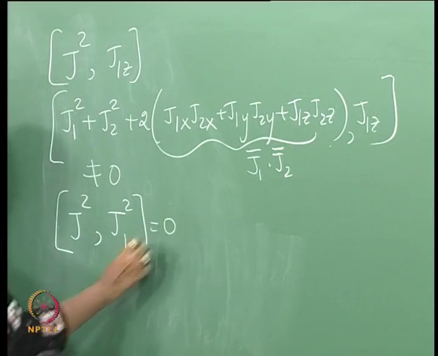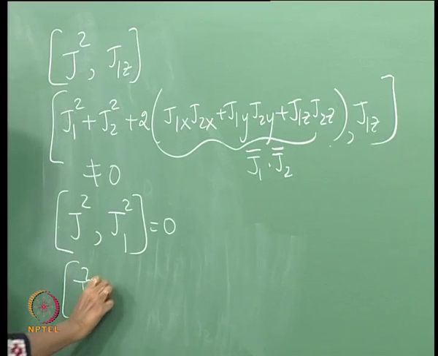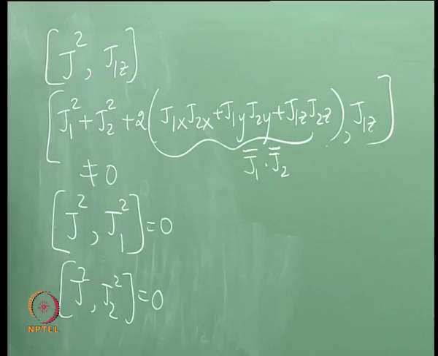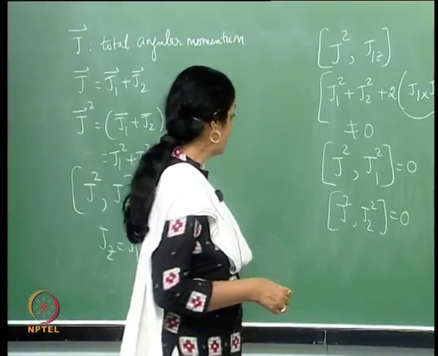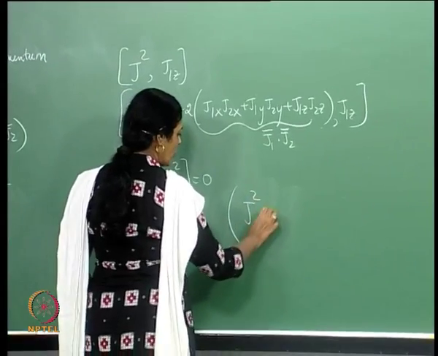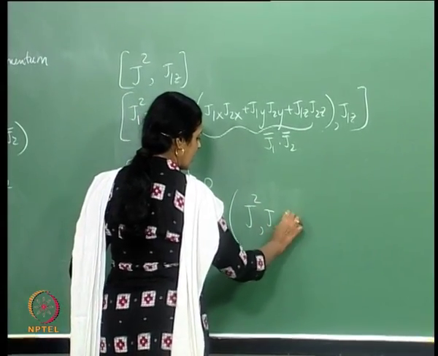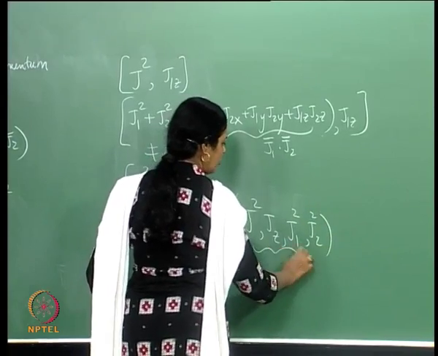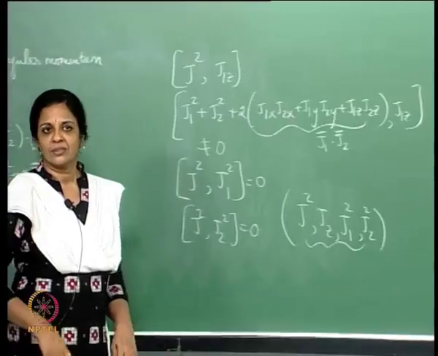Therefore, this is 0. Similarly, j squared with j2 squared is 0. So this is what I have. I have a set of operators j squared, jz, j1 squared, j2 squared, all of them commuting with each other.